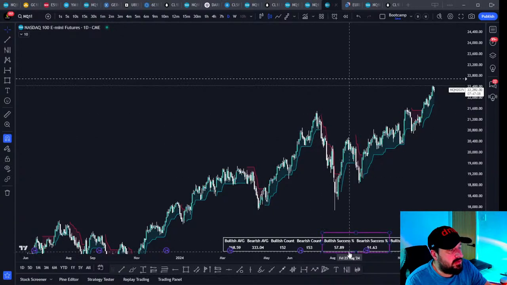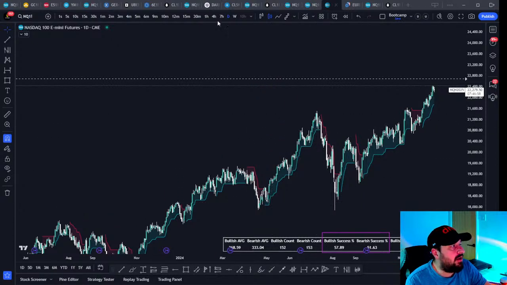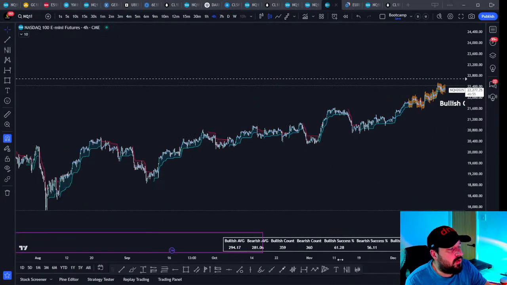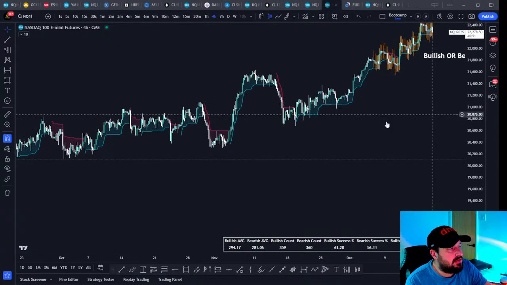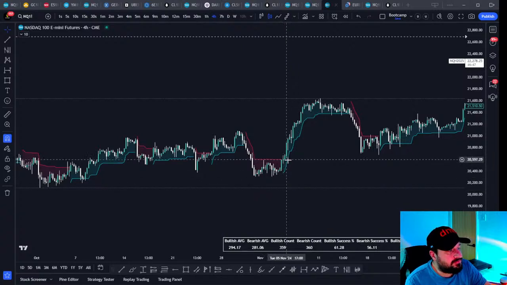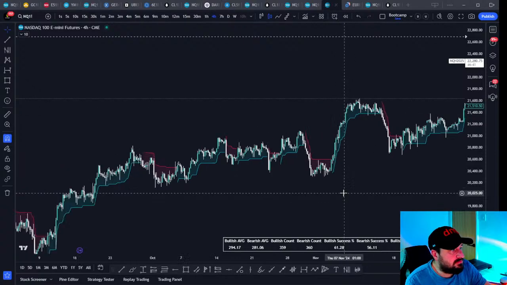This is showing you that these settings on the daily for Super Trend give you a 57% probability that when it crosses, it's more likely to be higher, right? And then we can look at the 4 hour, and our 4 hour is 61%, so our 4 hour Super Trend is already giving us a probability of 61% that when it crosses bullish, it's more likely to close higher.